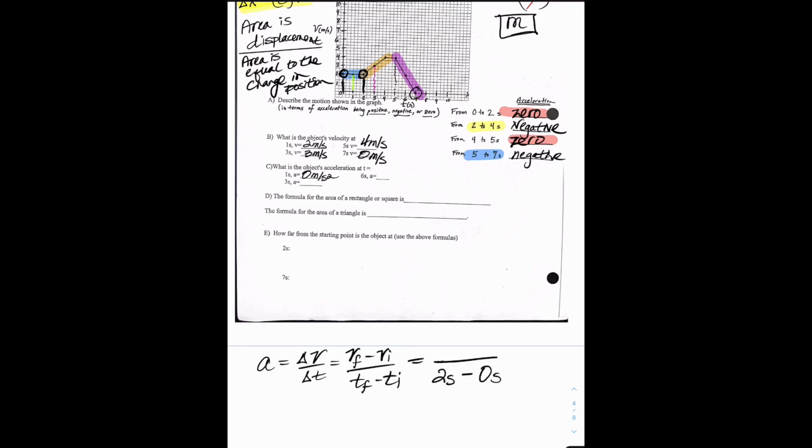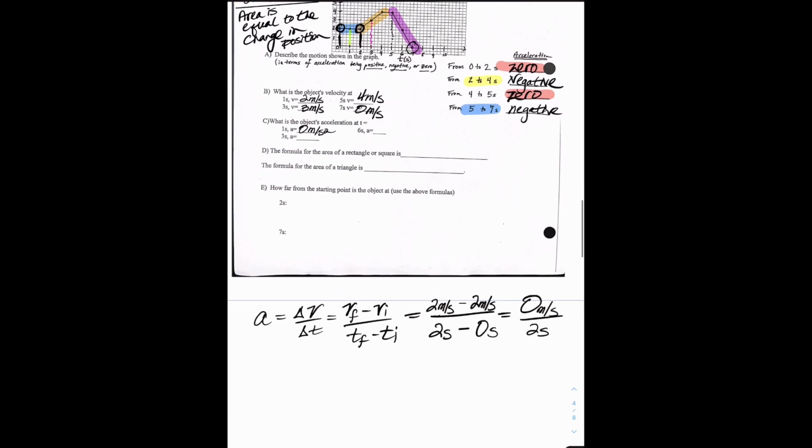At 2 seconds, what's the velocity? Well, VF is 2. At 0 seconds, what's the velocity? Well, VI is 2. So we subtract 2 minus 2, which is equal to 0, divided by 2 seconds. And it's always okay to have a 0 on top of your fraction.